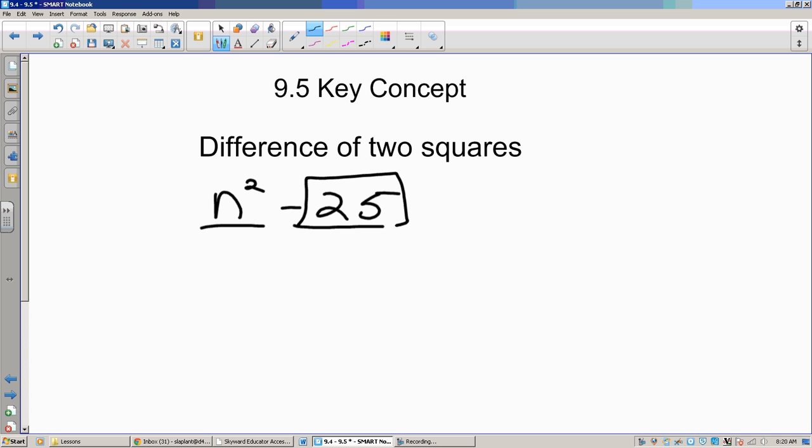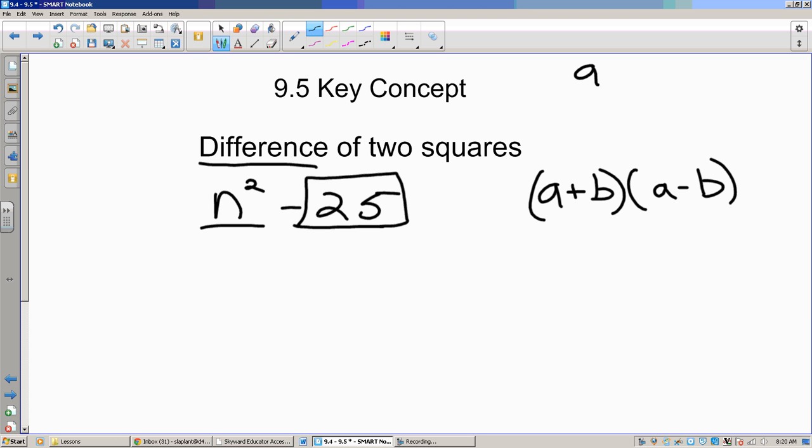So I've got two squares, and it's the difference of two squares. It's the difference, so we have to be subtracting. If we have the difference of two squares, it's going to be a plus b times a minus b, where a is the square root of the first term, and b is the square root of the second term.